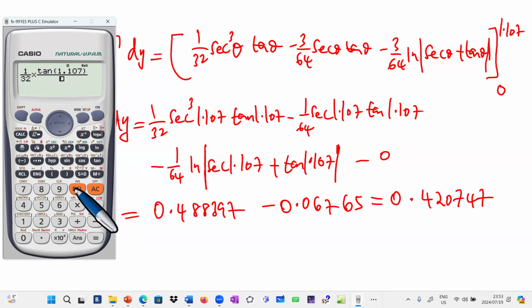So you can do some brackets and put the cosine here, and you have 1.107, and then you close, and then you cube the denominator. Okay, like that. So it's actually going to cater for this.